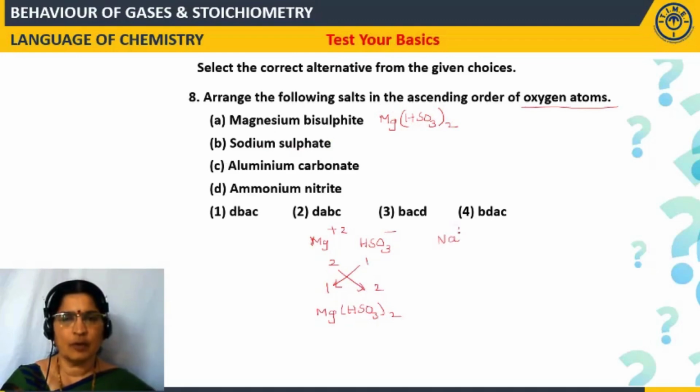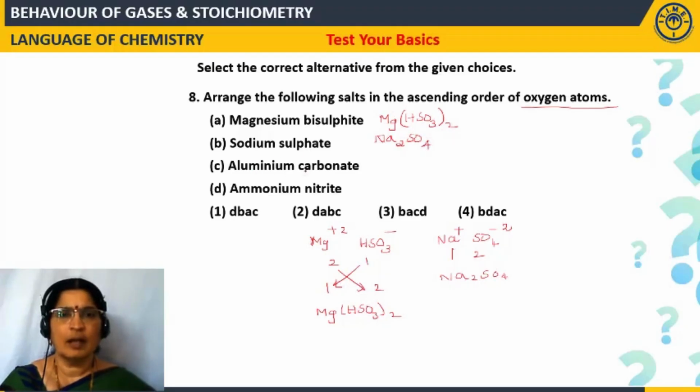Sodium sulfate. Sodium gives monovalent ion Na plus. Sulfate is bivalent ion SO4 minus 2. Okay, 1, 2. After crisscrossing, you can write Na2SO4. So the formula of sodium sulfate is Na2SO4. Right. Aluminium carbonate. Aluminium is Al plus 3.